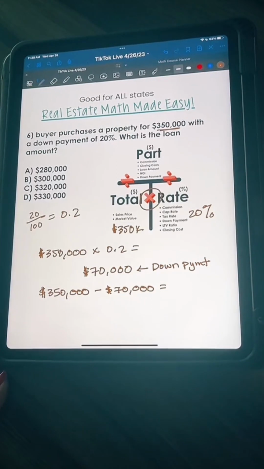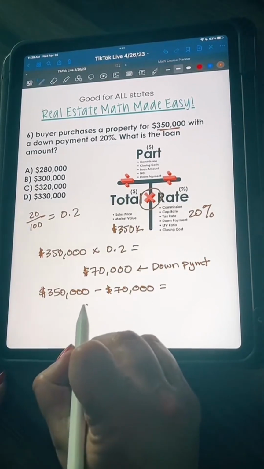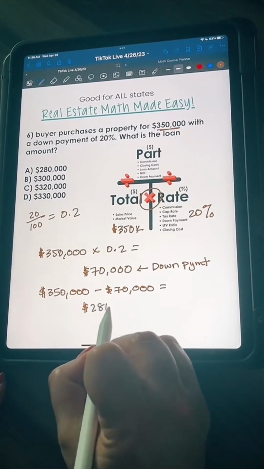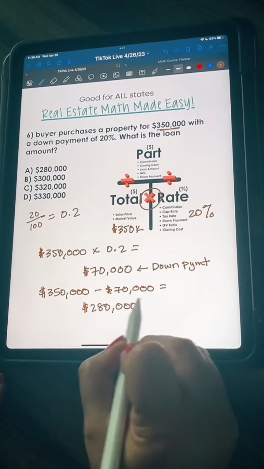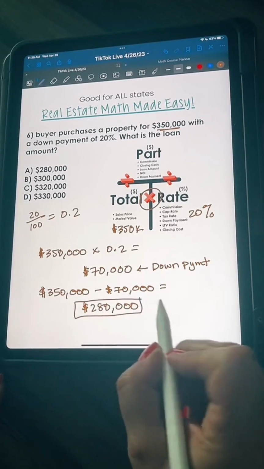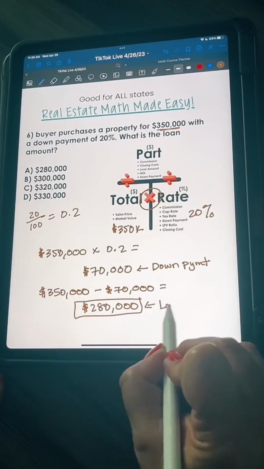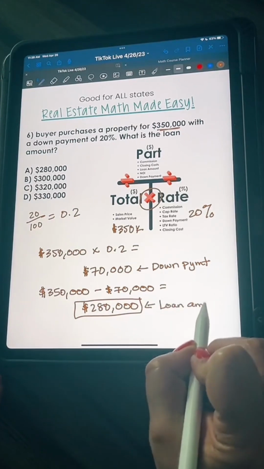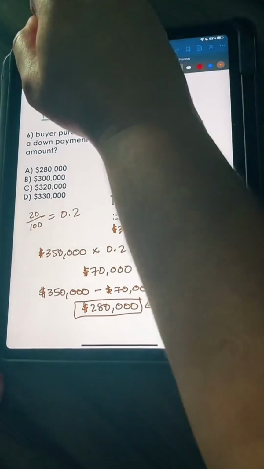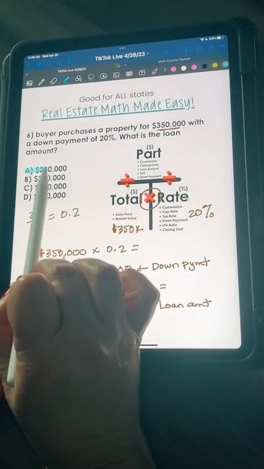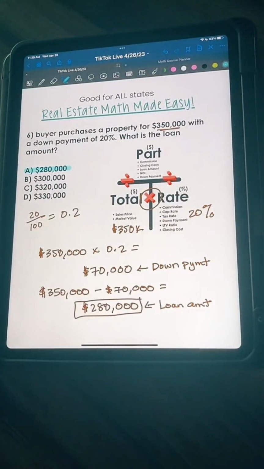And that equals $280,000. That is now his loan amount. Okay? So the answer is A for apple.